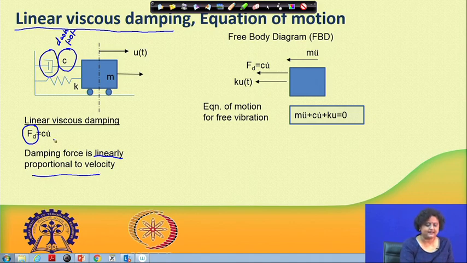So, Fd is some constant c times the velocity of the system, which is u dot, where this c is called the coefficient of viscous damping, or more commonly the damping coefficient.